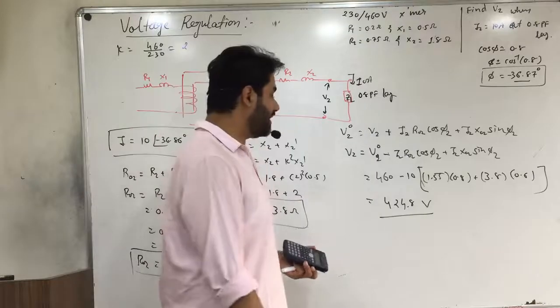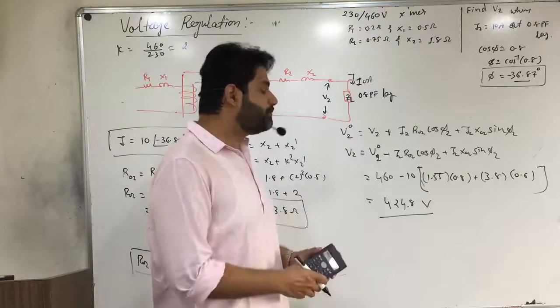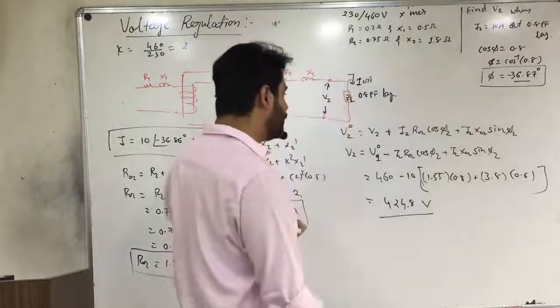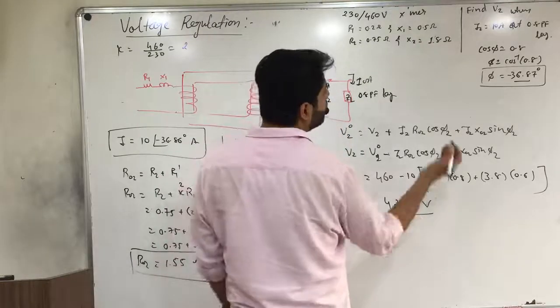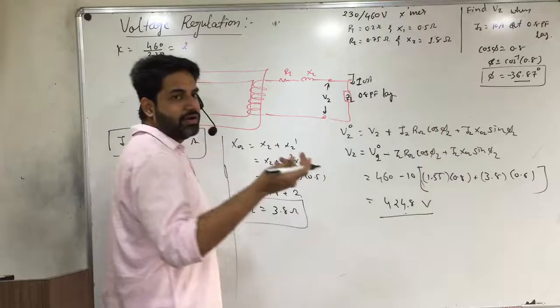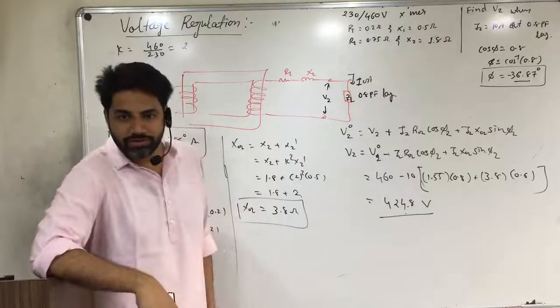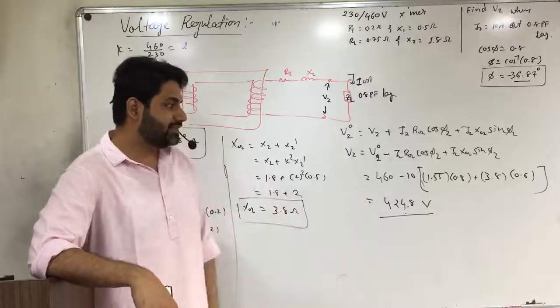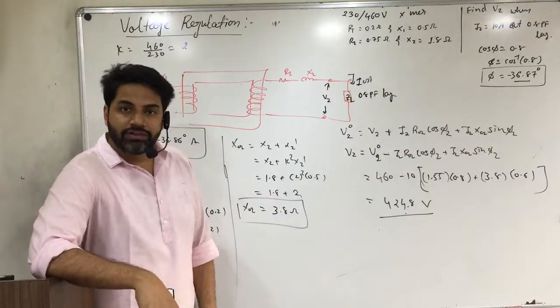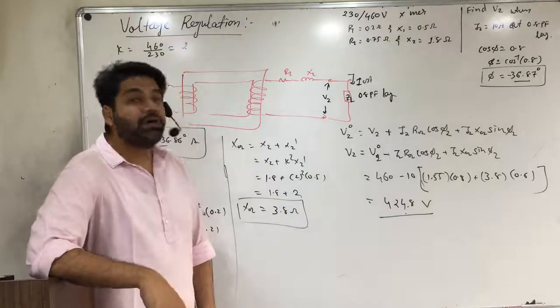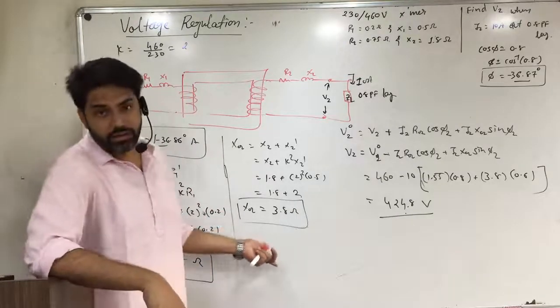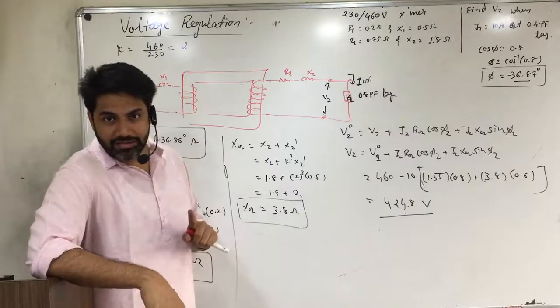So we've got the exact answer. This is my full load voltage, and if I want to go for regulation, I can do it very easily. I know the full load voltage and the no load voltage, and the difference divided by full load voltage will give you the regulation. Okay. So in this topic we have just been asked for the full load voltage. You have to remember that you have to take the values of RO2 and XO2 here. Never forget that. Write it down.